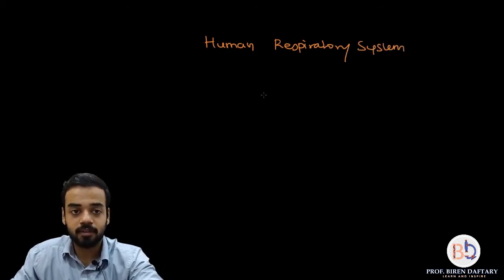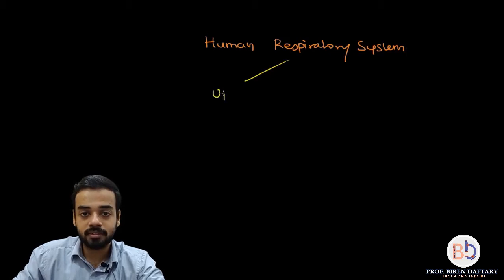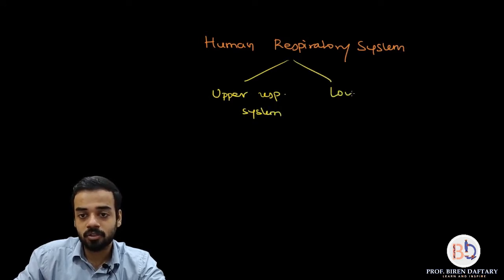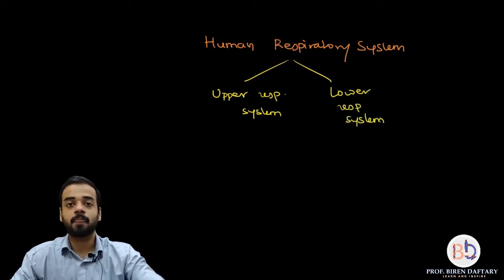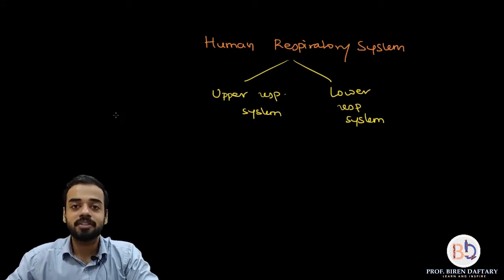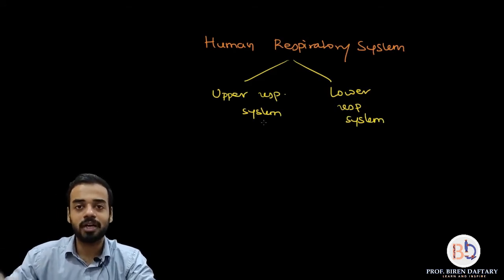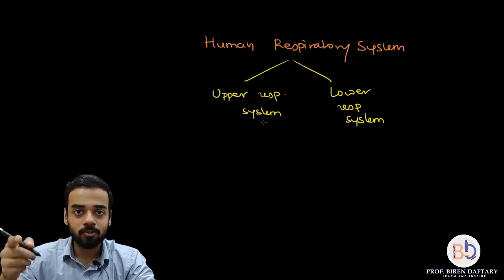First of all, the human respiratory system is divided into two main parts: the upper respiratory system and the lower respiratory system. Now the upper respiratory system consists of certain parts. I'm going to show you the diagram also, but first I'm going to write down the parts.